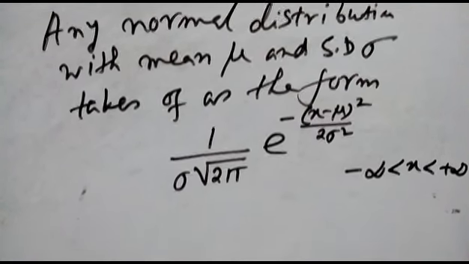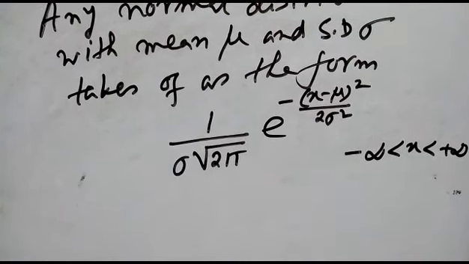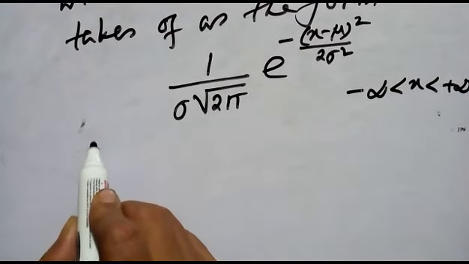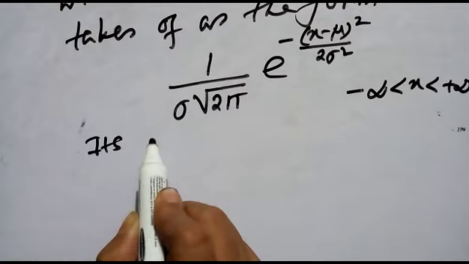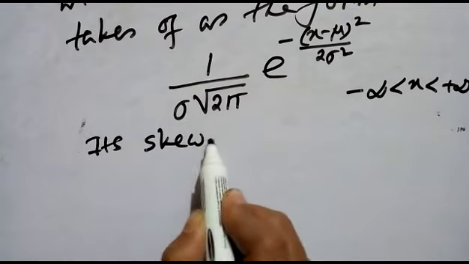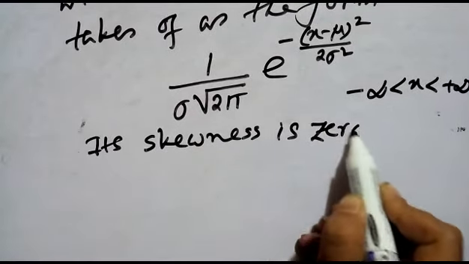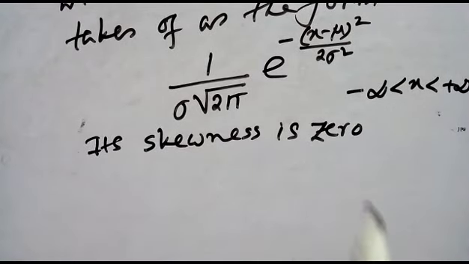The distribution has some characteristics. Its skewness is 0. You have to remember this.